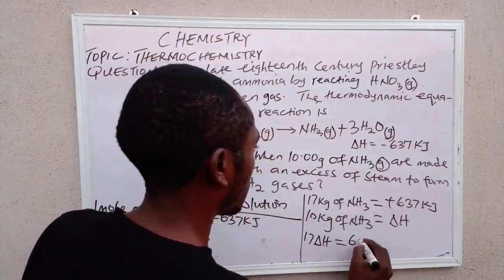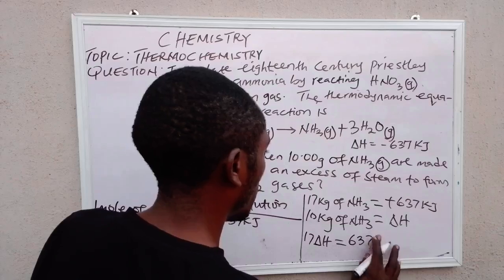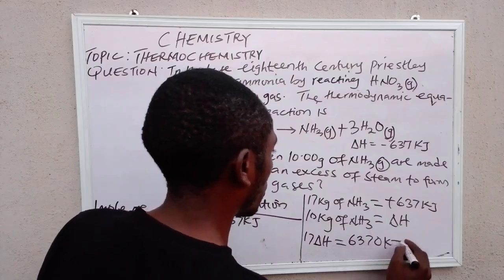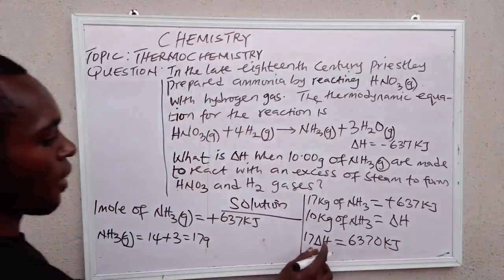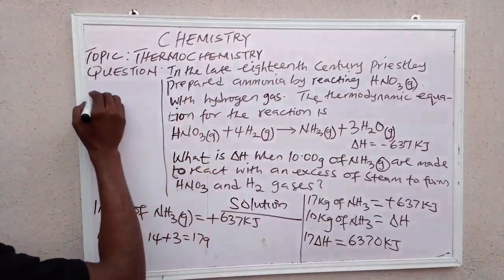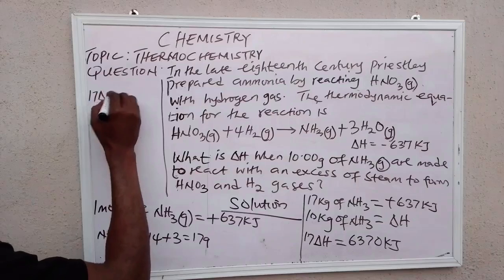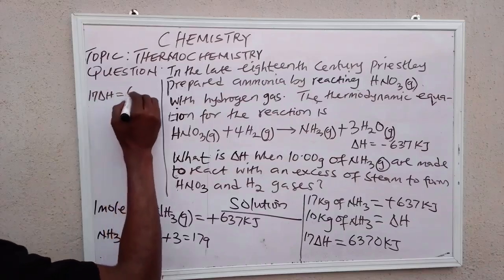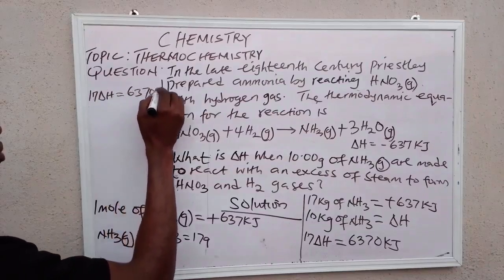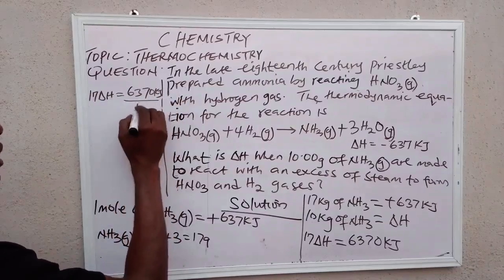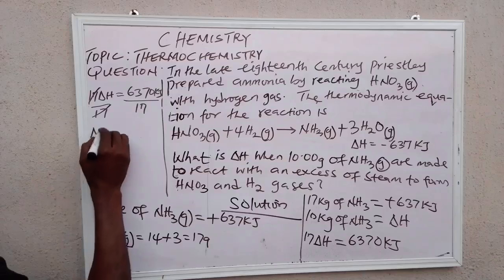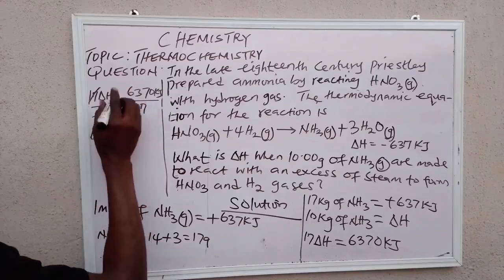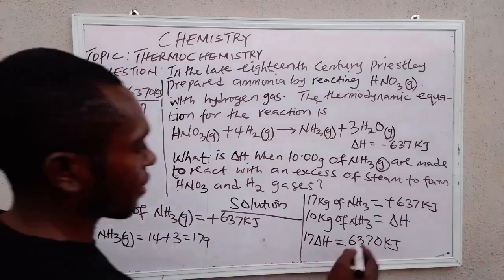We're going to have 637 kilojoules. So what you do next is you divide both sides by 17. So I have 17 change in heat equals 6370 kilojoules divided by 17. So 17 cancels this. Don't forget, there's a plus sign here.